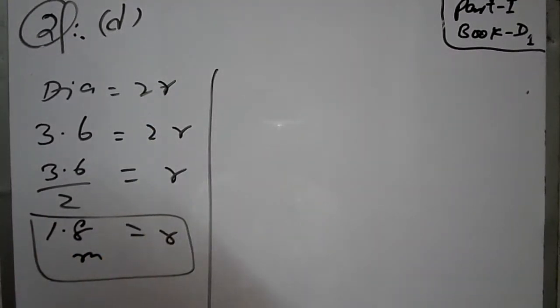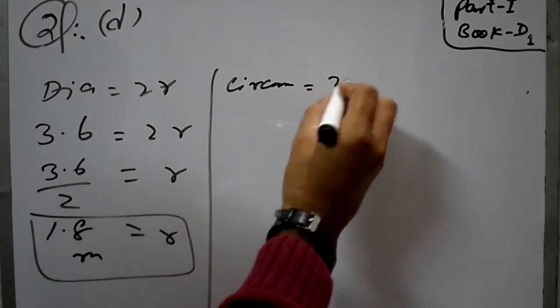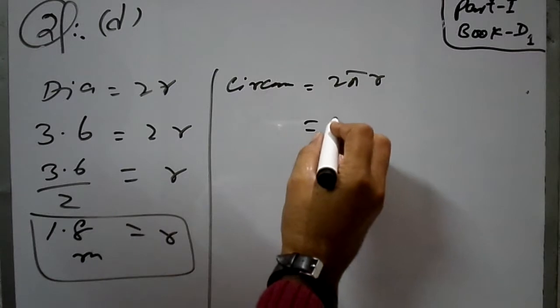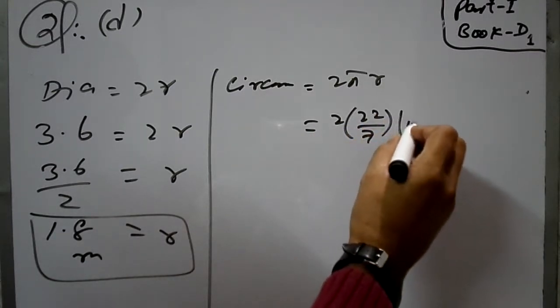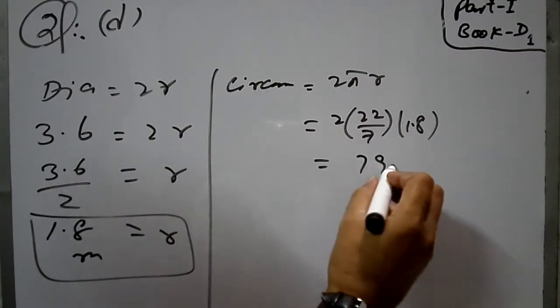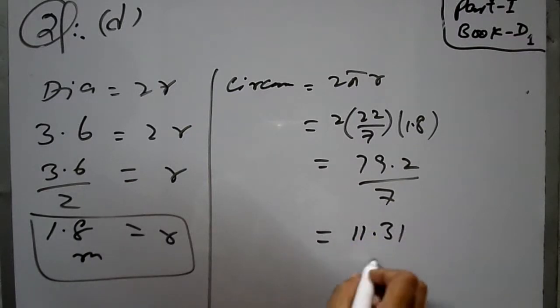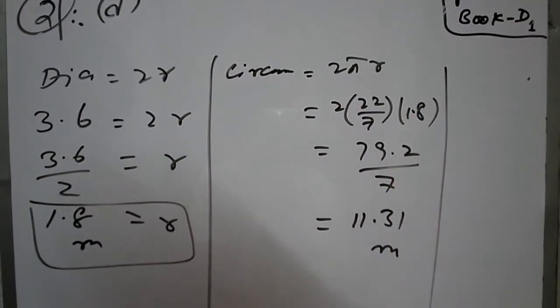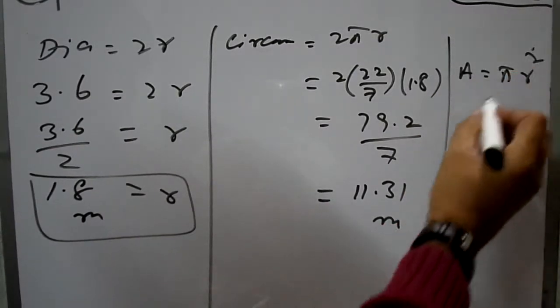Second step is circumference. Circumference is equal to 2 pi r. So what is the value? That is, the value of r is just what we have calculated. So by simplification, that is 792 by 7, 11.31 meter. And third step is you have to find the area, that is pi r square.